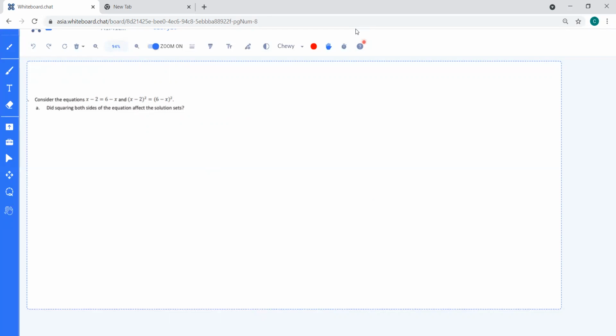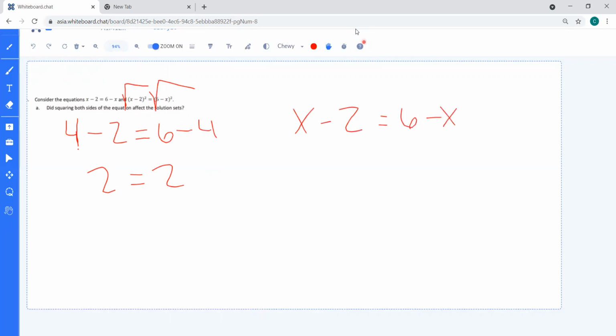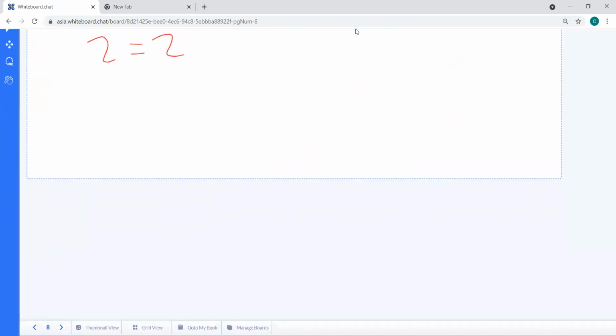Well, no, it didn't, because 4 minus 2 is equal to 6 minus 4. That's 2 equals 2. So if I square root both sides, I still have x minus 2 is equal to 6 minus x. So it doesn't affect it. It goes back to the exact same original problem, actually.